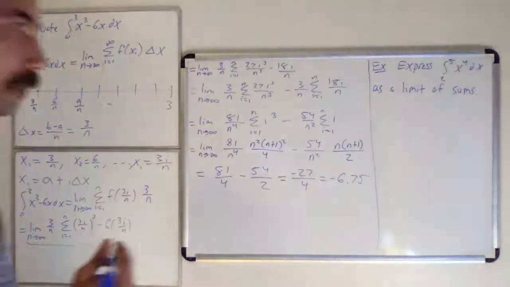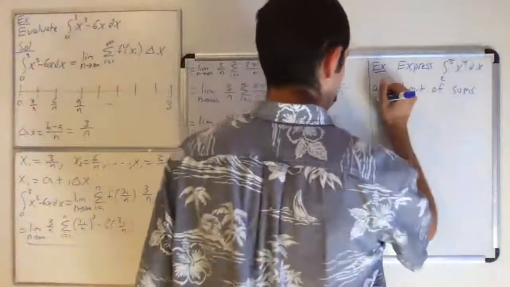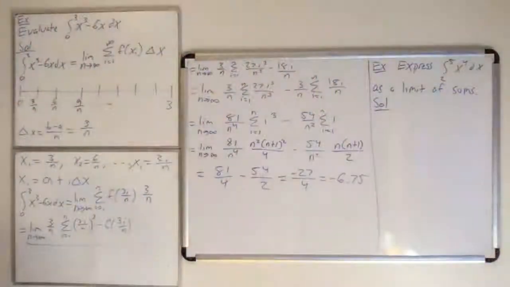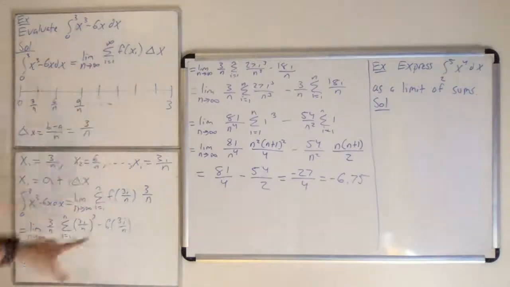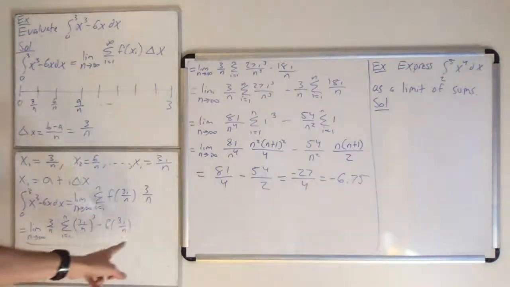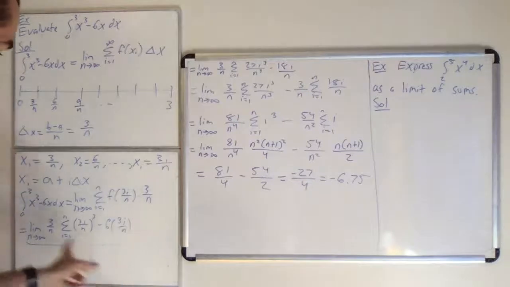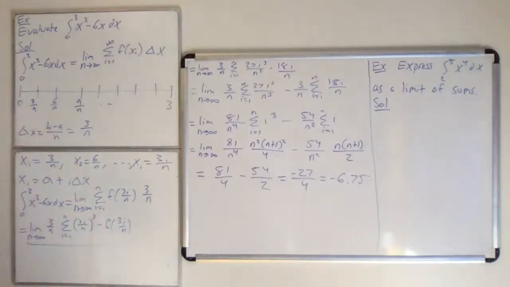I'll just talk through how we should do this, but again, I encourage your feedback. So no identities needed for this one. Correct. We're just going to express it in this form. So we would get it to here, and then we would stop. We're not going to actually evaluate it.